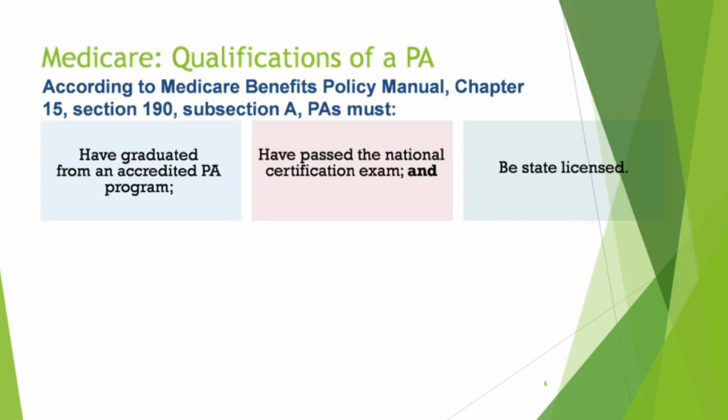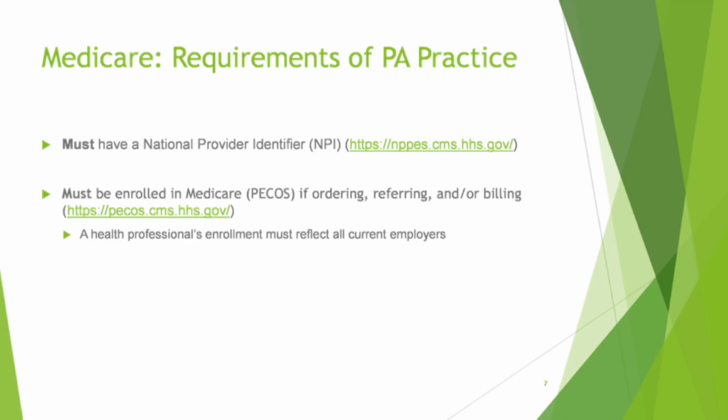According to Medicare, PAs must have graduated from an accredited PA program, pass the PANCE, and be state licensed in order to bill for patient services. Once those criteria are met, a PA must establish a National Provider Identification Number, or NPI number for short, through Medicare.